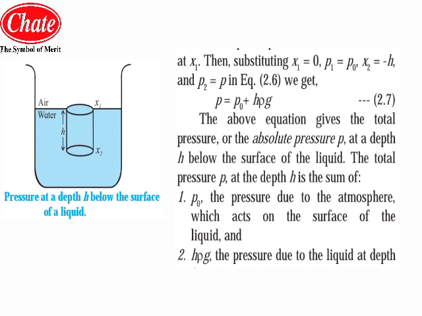In this case, the equation is derived by putting x1 equal to 0 at the water surface, P1 equal to P0, the initial pressure, x2 equal to minus h as it is below the surface of the water, and P2 equal to P. So we derive the equation P is equal to P0 plus rho hg.